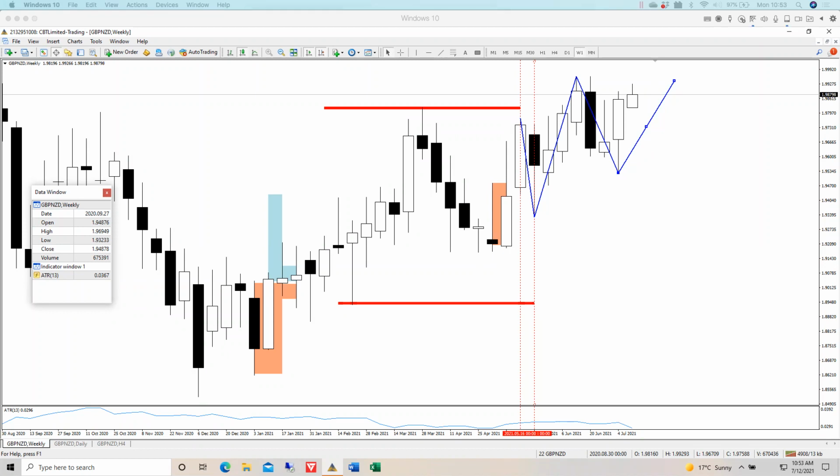But nevertheless, having said that, we did have that breakout beforehand. With that initial breakout wave, we would already have been treating that as a strong trend. But since then, it's shown a weakness.